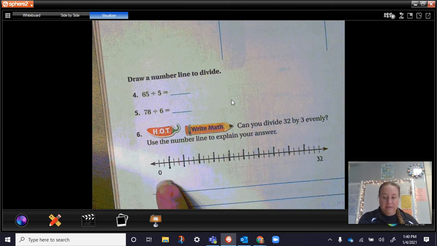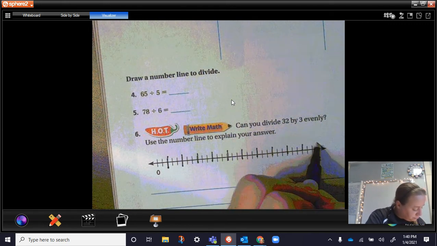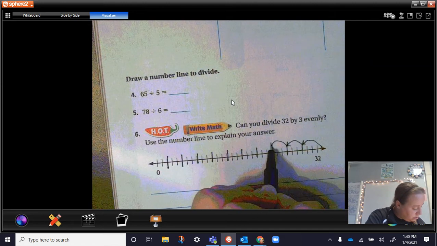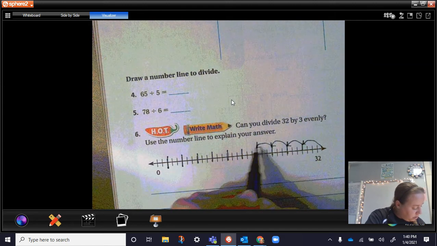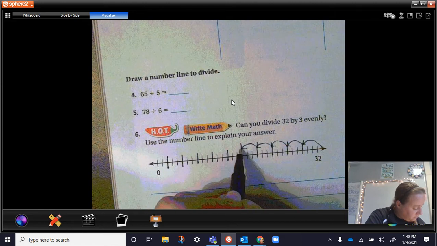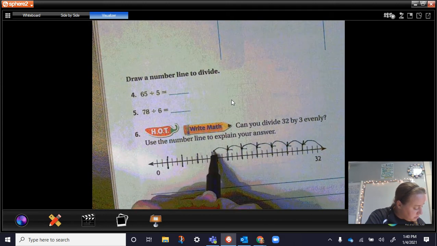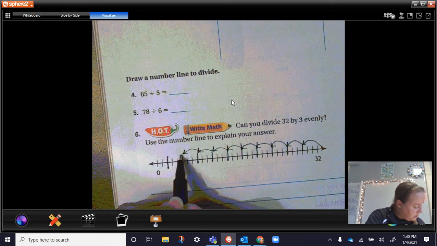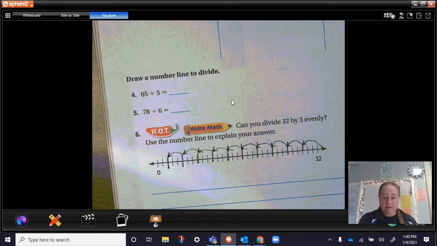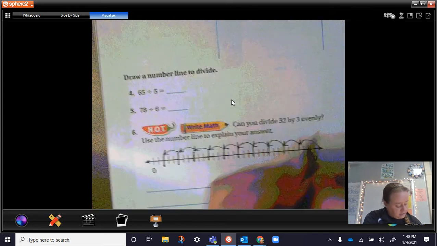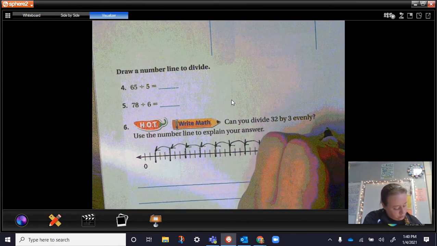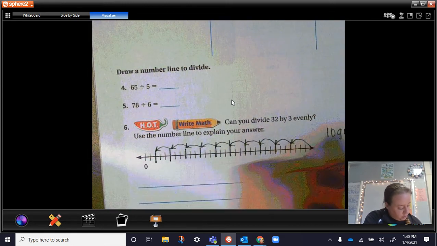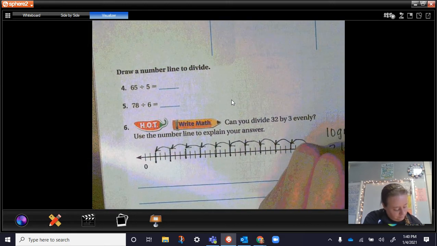Here, each of those jumps, I was able to do 10 jumps. Okay, so I can pull out 10 groups. But then there were 2 left over.